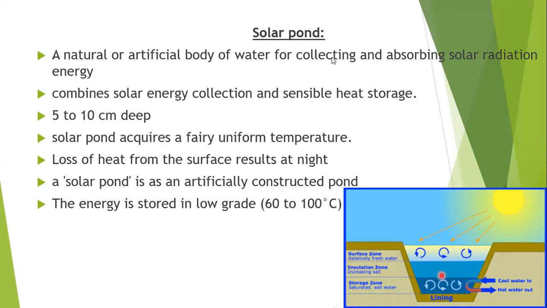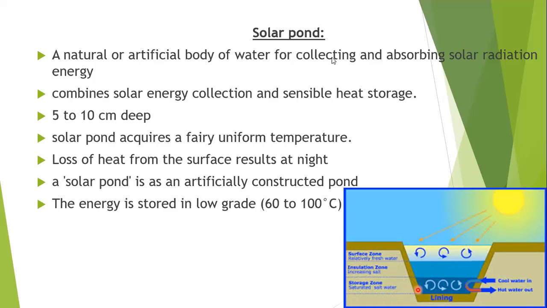So solar ponds have high promise over flat plate collectors. They can definitely overcome the disadvantages of the flat plate collector, and they can be used for energy storage by employing a mass of water for both collection and storage of solar energy. The solar energy stored in this is low grade.